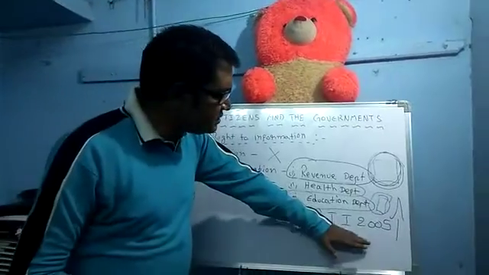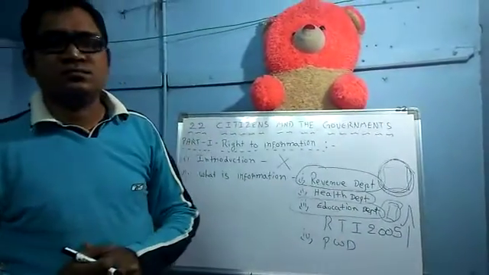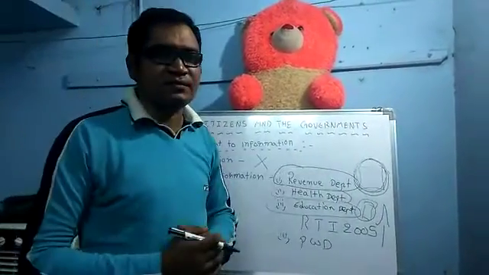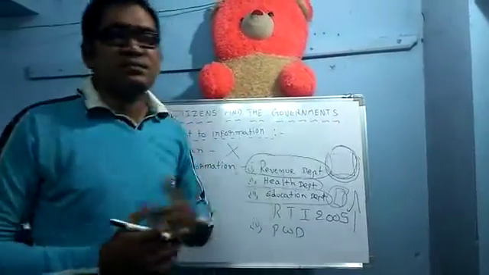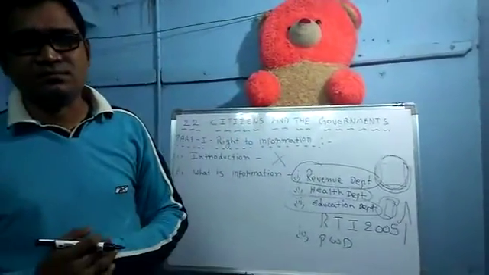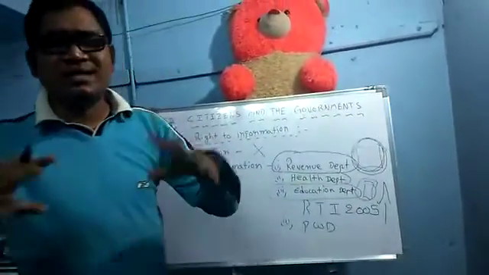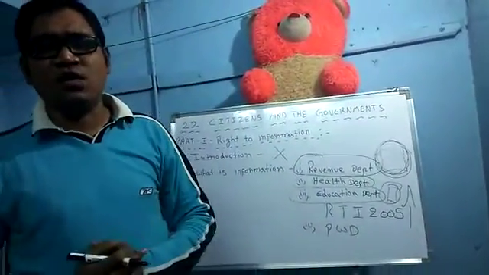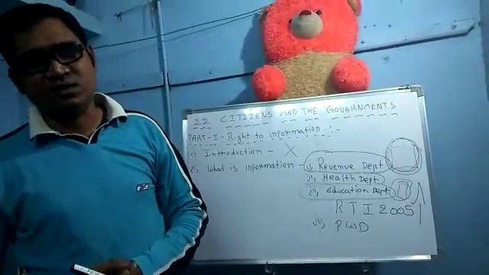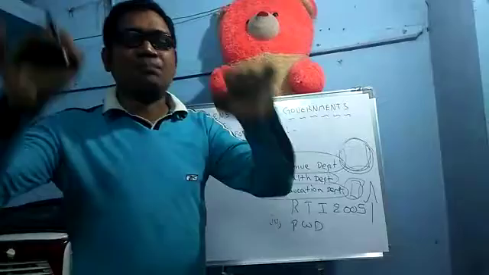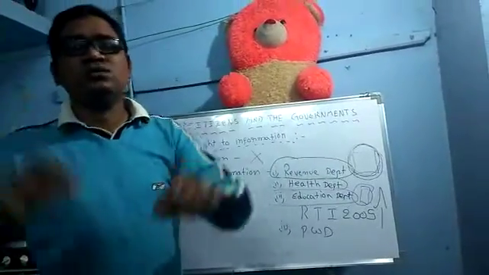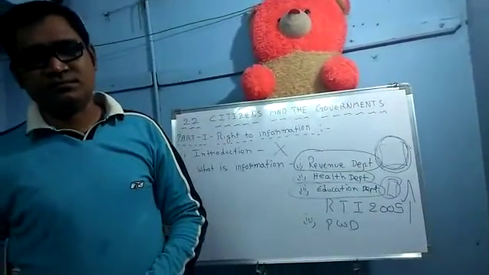So, before the RTI Act 2005, verification was done only by ministers and MLAs. Before the RTI Act, we didn't have any right to verify the government departments' records and information. Only ministers, MLAs, top authorities, top executives had the power, the right to check the information.